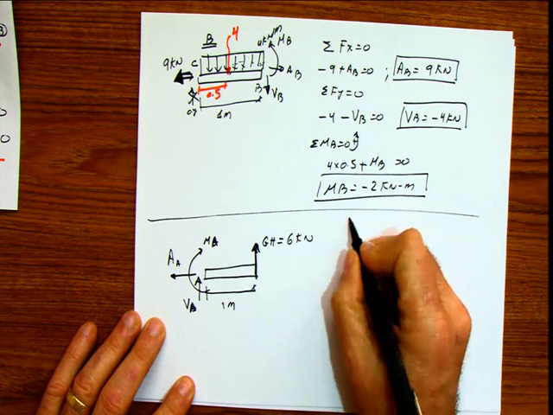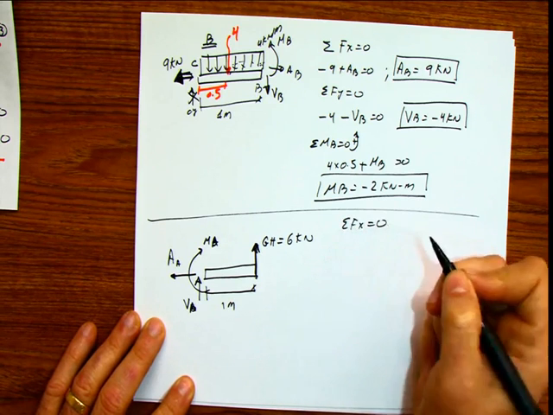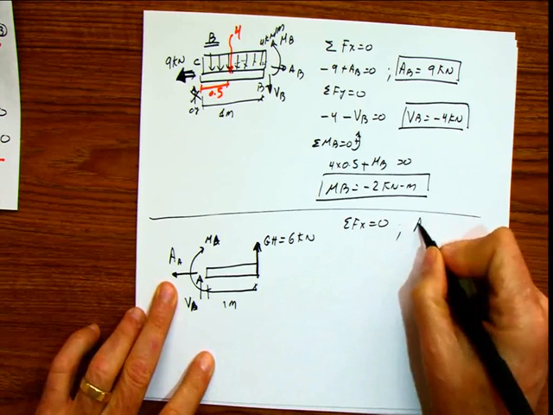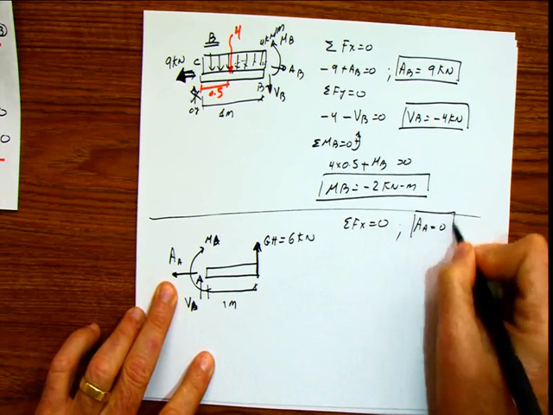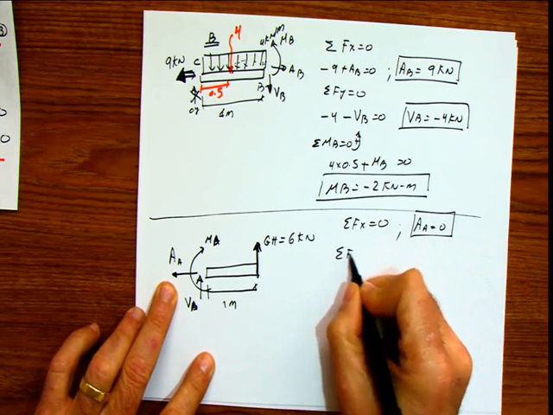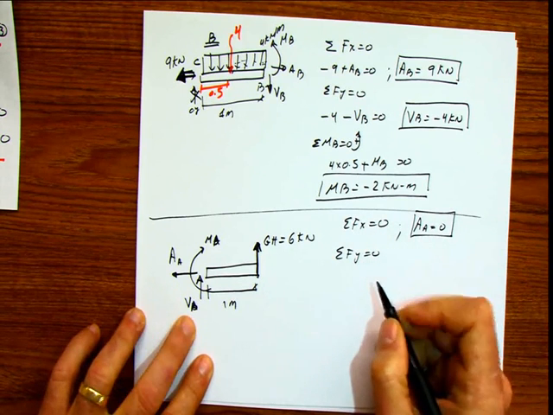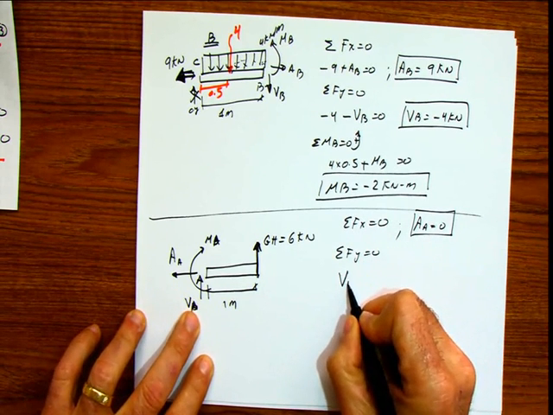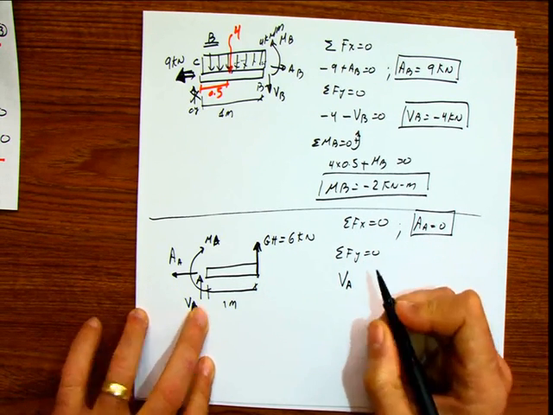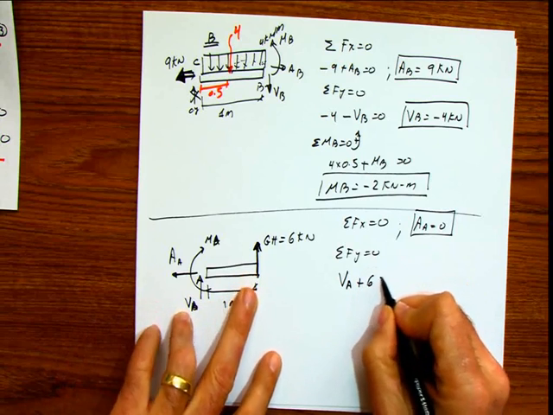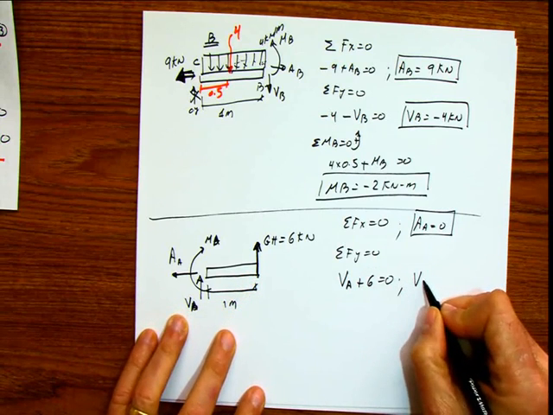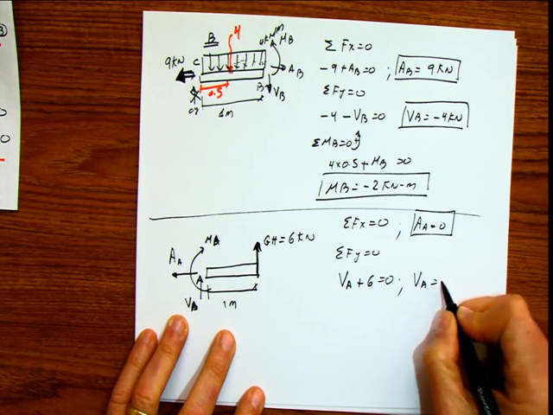And that's it. Summation of forces in X equals 0. My axial at A is 0. Summation of forces in Y equals 0. V, my shear at A, plus GH, which is 6, equals 0. So my shear at A is negative 6.